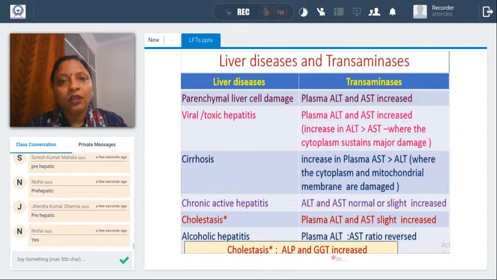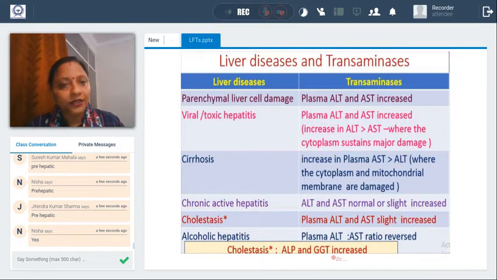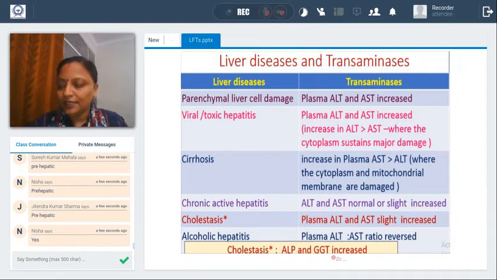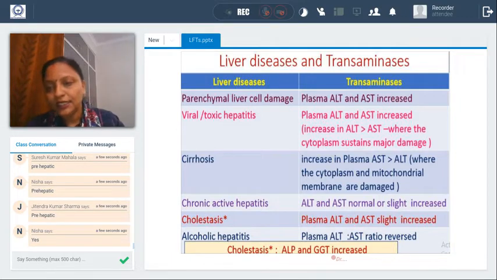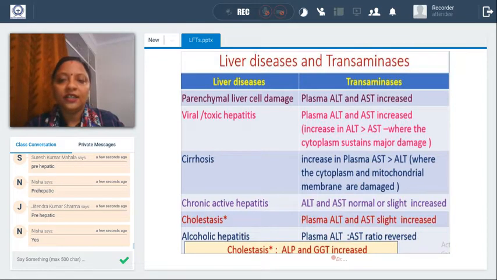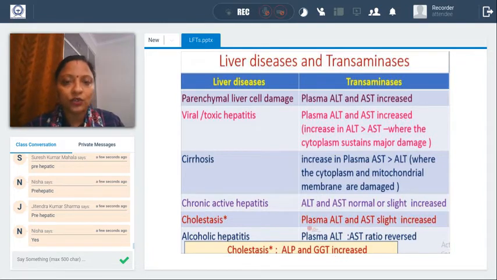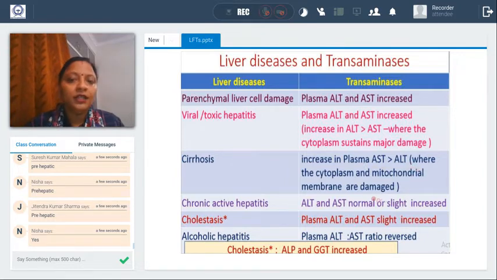Yes, what is the pattern of transaminases in liver diseases? You all know in parenchymal liver cell damage, plasma ALT and AST are increased. In viral toxic hepatitis, plasma ALT and AST increased. Please remember, ALT is present in cytoplasm and AST is present in both cytoplasm and mitochondria. So the increase in ALT is greater than AST where the cytoplasm sustained major damage. In liver cirrhosis, the increase in plasma AST is greater than ALT, where the cytoplasm and mitochondrial membrane are damaged.